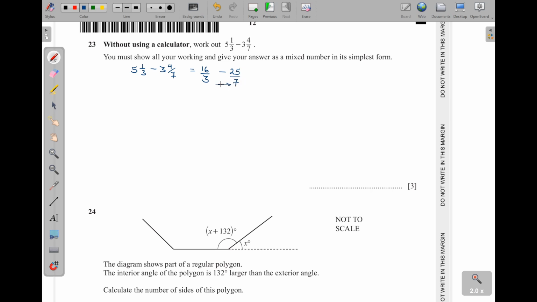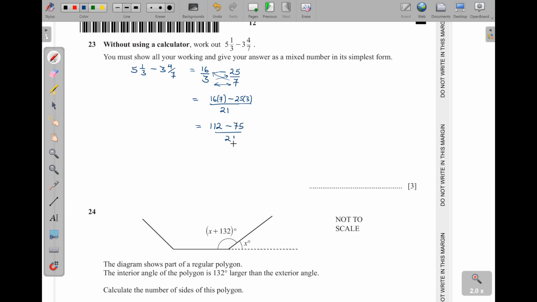Now these two together, LCM, just multiply them, then multiply this with this, and then multiply this with that. We call it the butterfly method. So here we shall have 21, then here 16 times 7, there's a minus here, then 25 times 3. So 16 times 7 is 112, and then 25 times 3, that is 75.